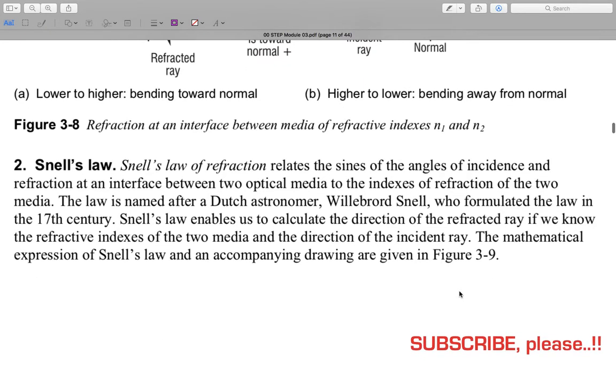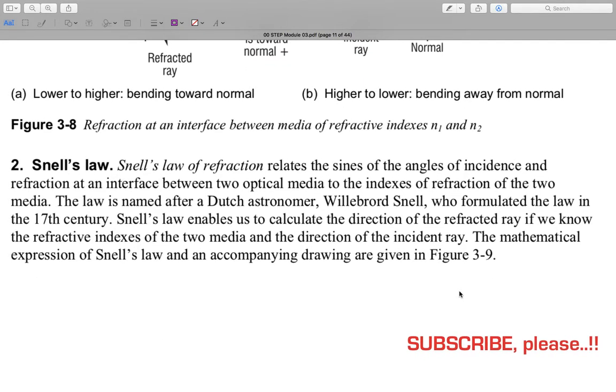Now, about Snell's law. Snell's law of refraction relates the sines of the angle of incidence and refraction at the interface between two optical media to the indexes of refraction of the two media. The law is named after Dutch astronomer Willebrord Snell, who formulated the law in the 17th century.